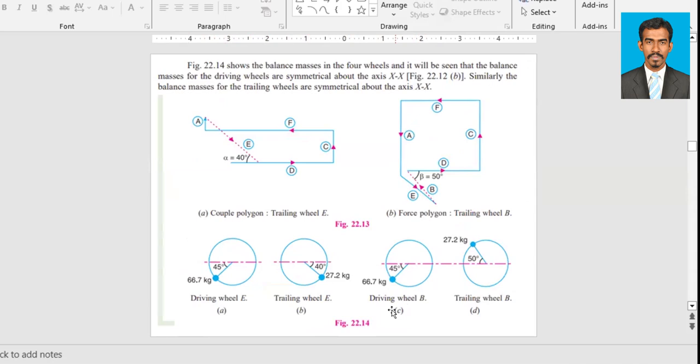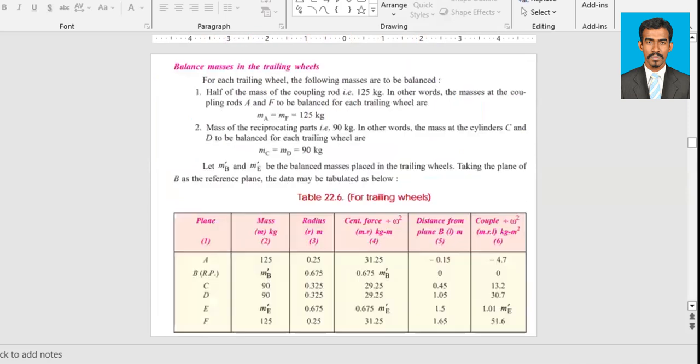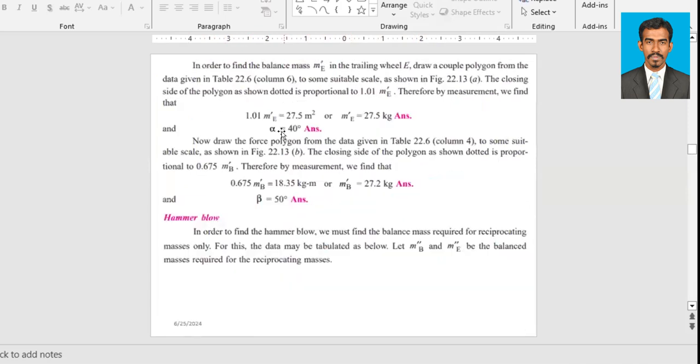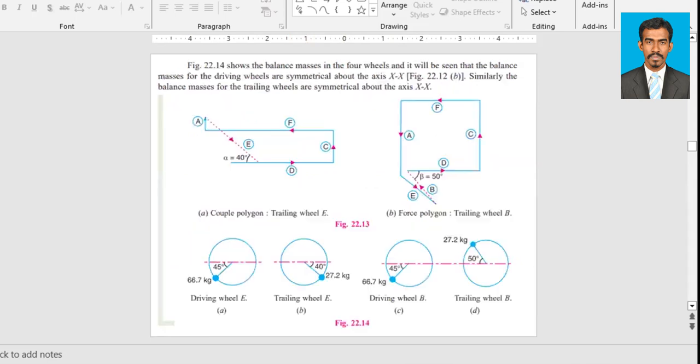Now the condition for trailing wheels B and E, right? So what we have found, one is mass 27.2 kilogram at alpha is equal to 40, right? You see here, alpha is equal to 40, 27.2 kilogram.